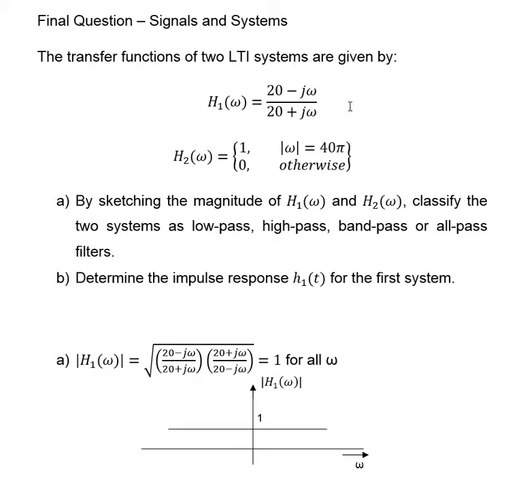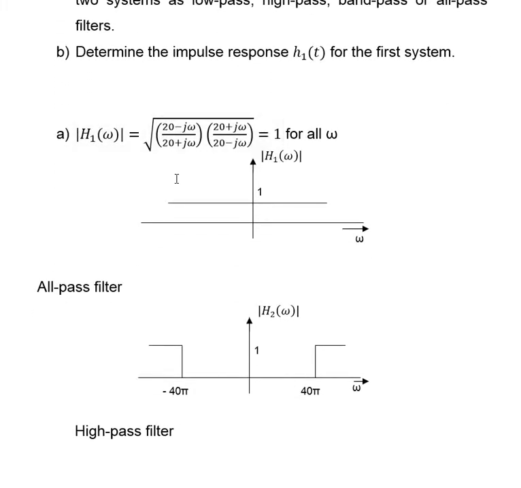To define my system as some kind of filter, I need to sketch the magnitude response of the system first, and I can do this by multiplying my frequency response by its conjugate and extracting the square root of it.